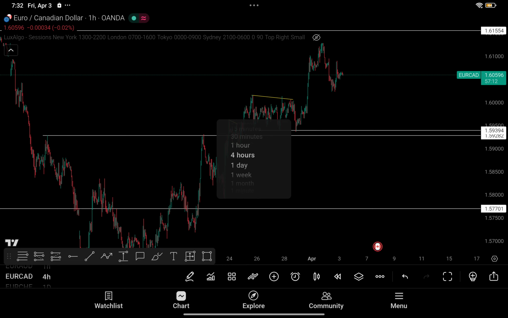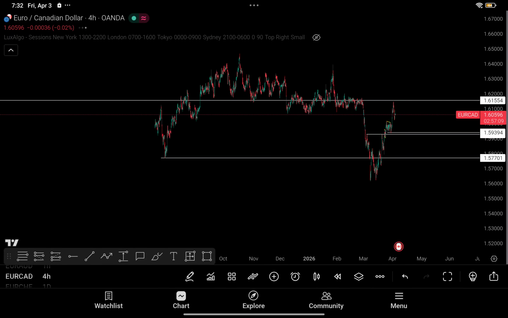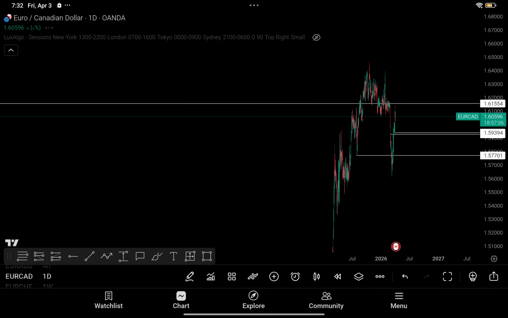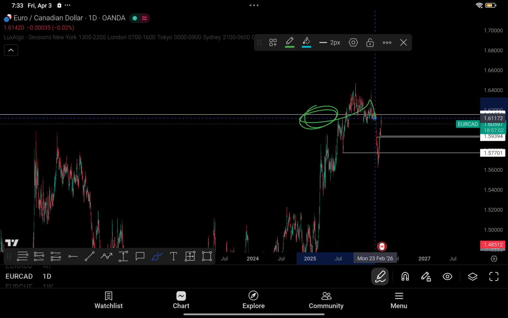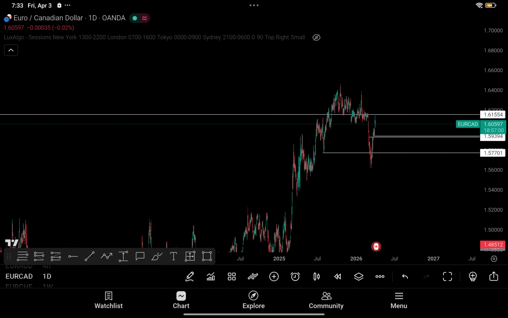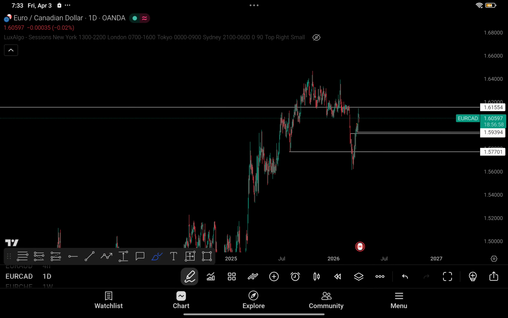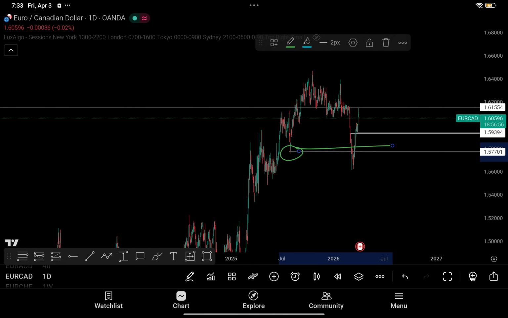Euro CAD, it's more like a 4 hour play. We came directly from this big value point from the upside, and here we go directly from this one, right?